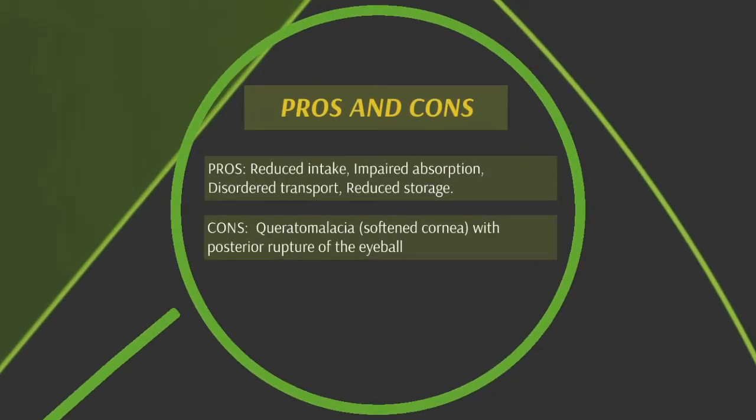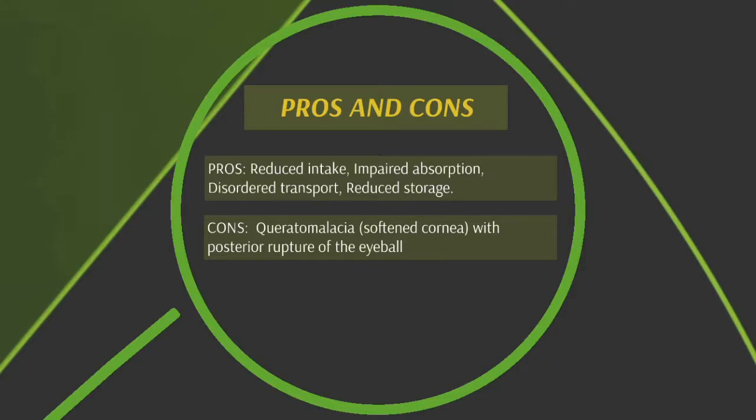Pros and cons. Pros: the major underlying causes of deficiency of vitamin A may be summarized as follows: reduced intake, inadequate food supply, alcoholism, mental illness, and dysphagia; impaired absorption such as Crohn's disease, celiac disease, short bowel syndrome, and chronic diarrhea; disordered transport such as abetalipoproteinemia; and reduced storage such as liver disease and cystic fibrosis.